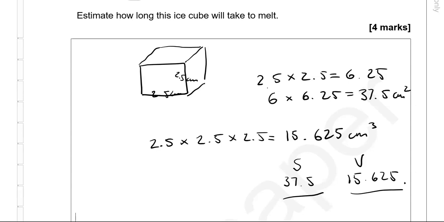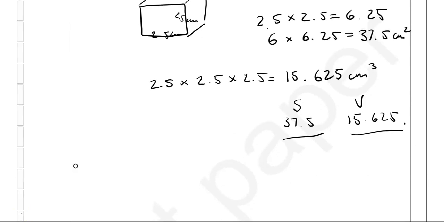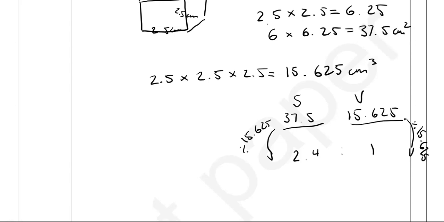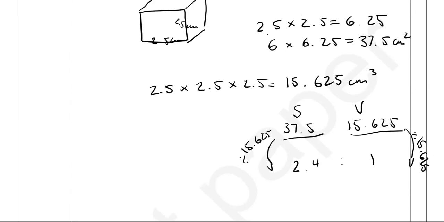So to get that to be equal to 1, I'm going to divide both of the numbers by 15.625. So we get 2.421.